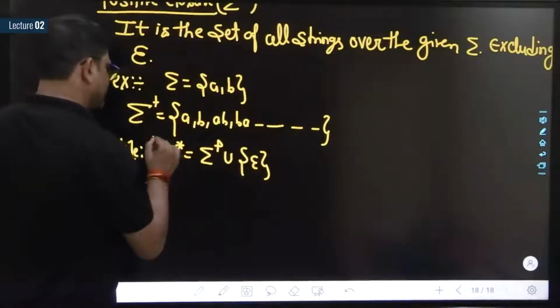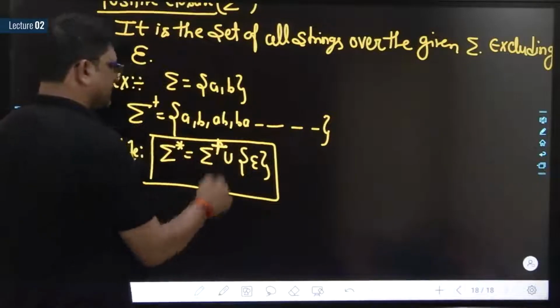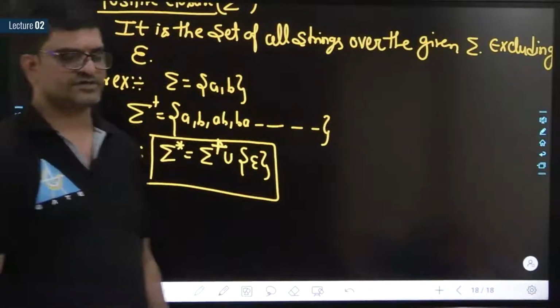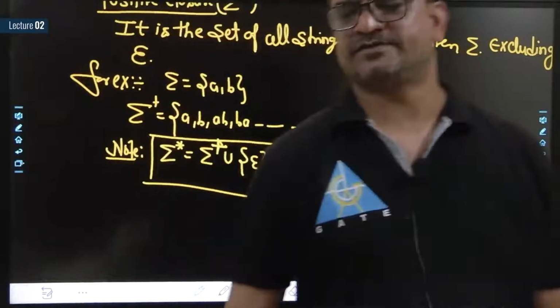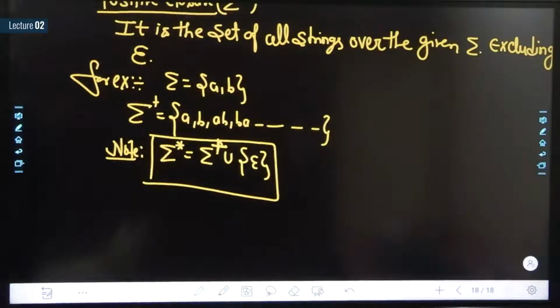This is the relationship between Kleene closure and positive closure. Clear? Very good.